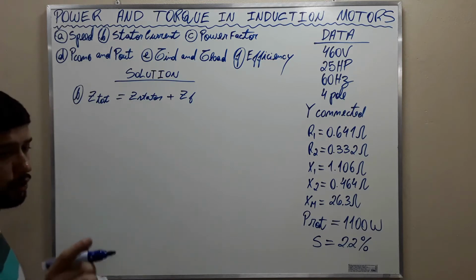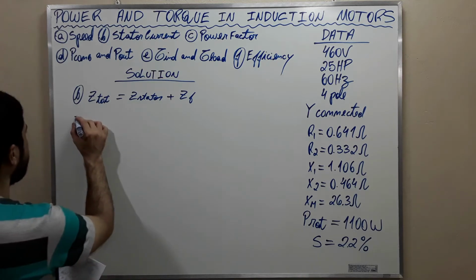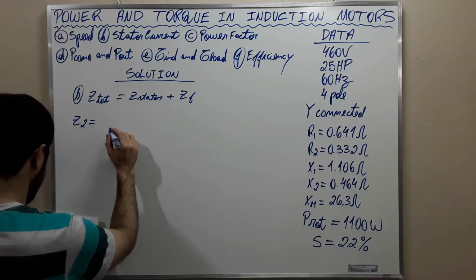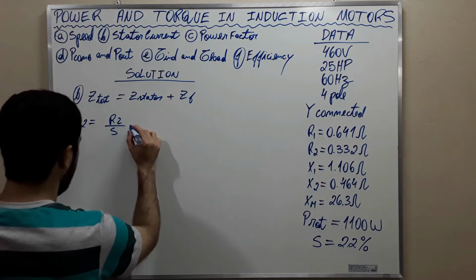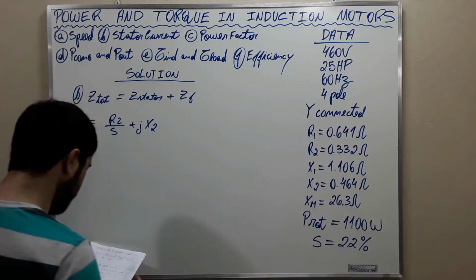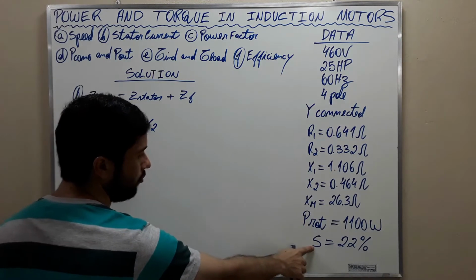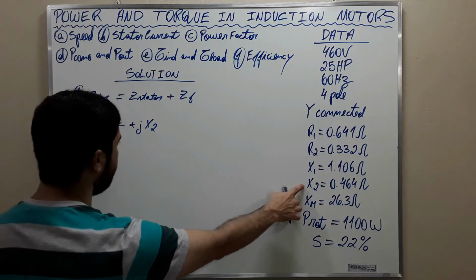Z2, you're gonna need this. Pay attention, you're gonna see why. Z2 is equal to R2 over S plus jX2. R2 is this, the slip is 2.2%, and X2 is this.